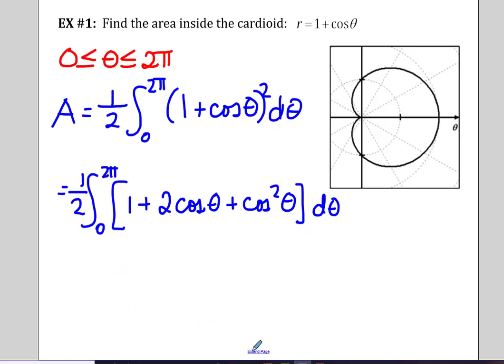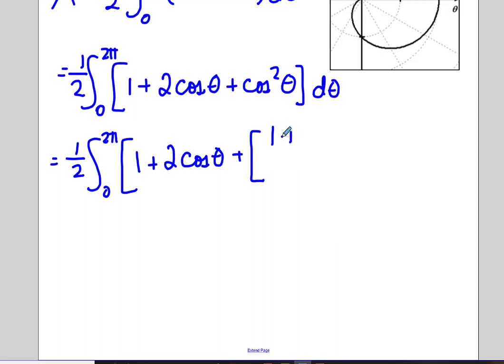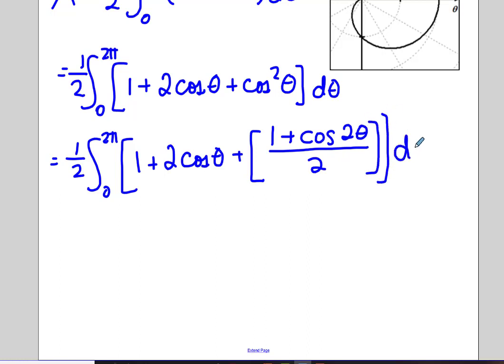And then using some of our trig identities, from 0 to 2 pi, we have 1 plus 2 cosine theta, and for cosine squared, we can use the formula 1 plus cosine of a double angle, divided by 2, to reduce that cosine squared.